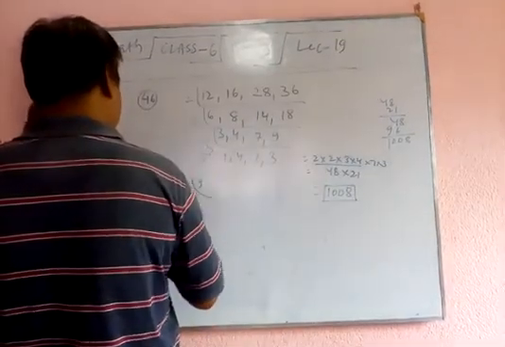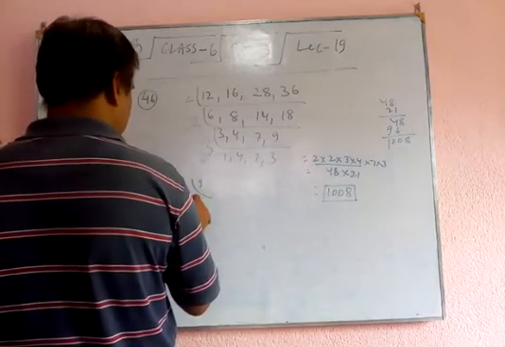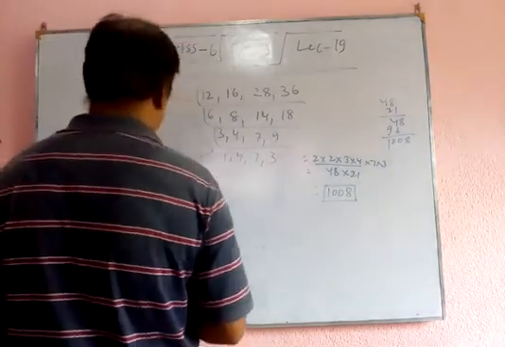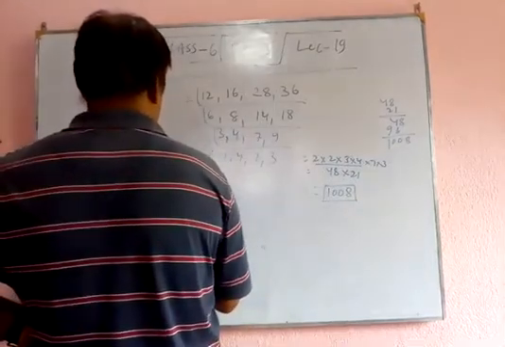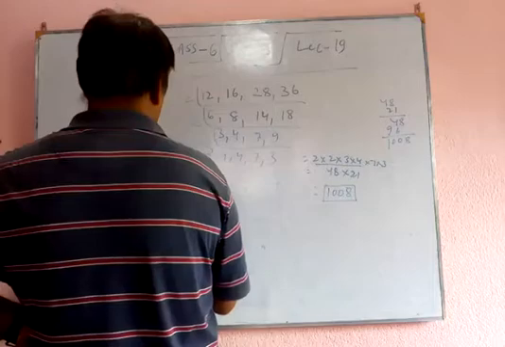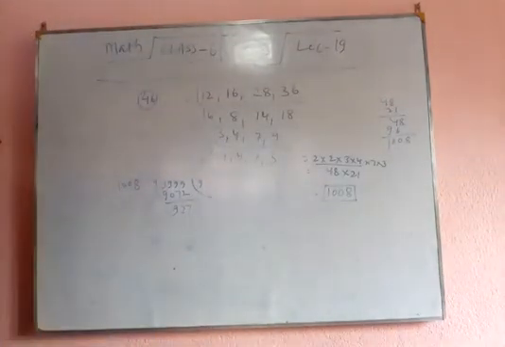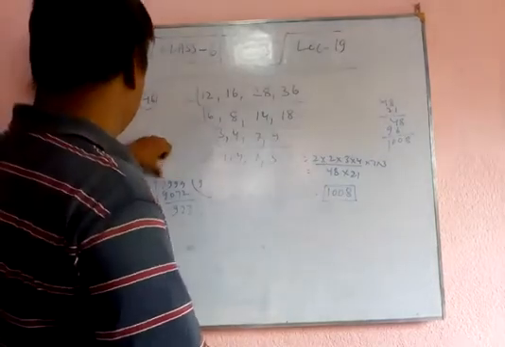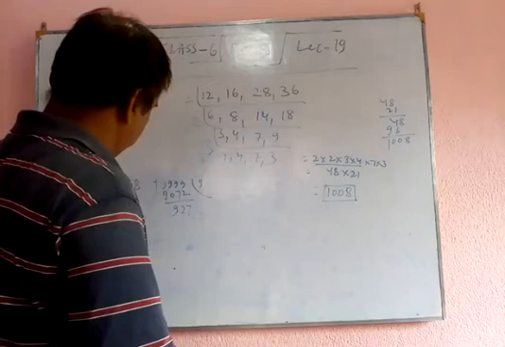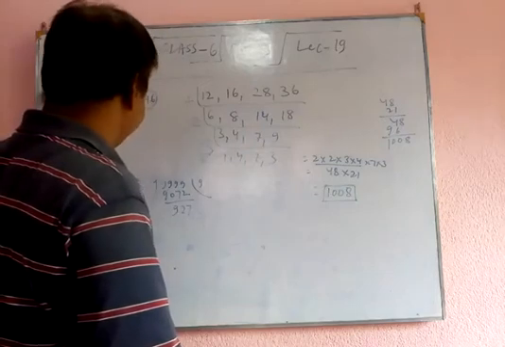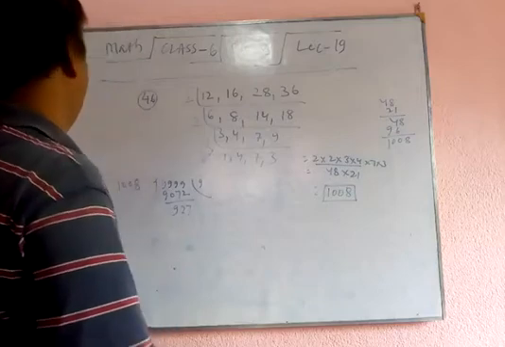So 9 times 1008 is 9072, and the remainder is 927. If we subtract this number, it will be divisible by 1008.